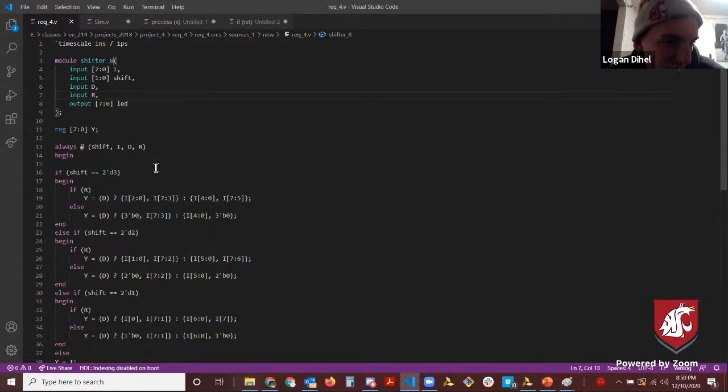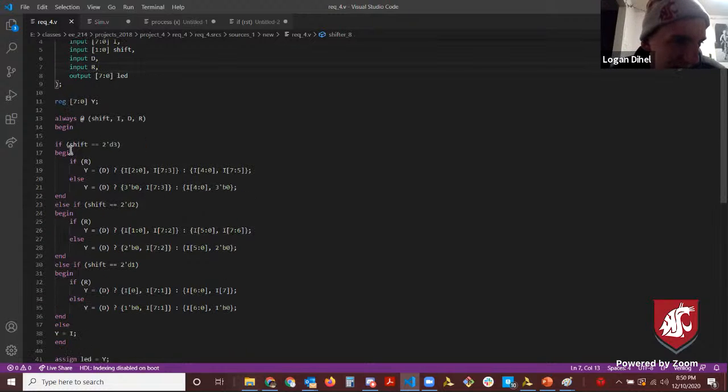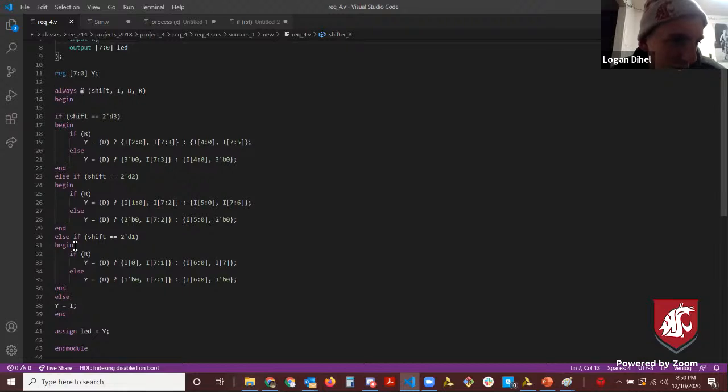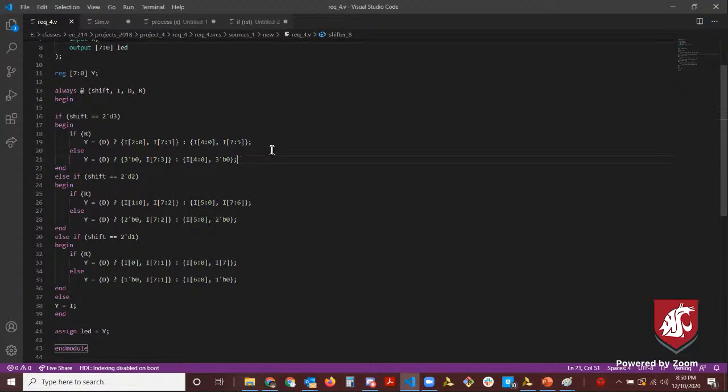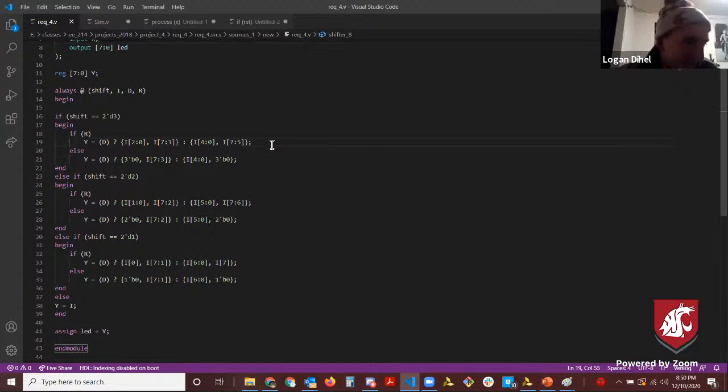And so this is what I did. Here's my always statement, and I just had a bunch of nested if statements. That looks a lot cleaner than what I did. Yeah, this is a little sneaky, this code right here. So this would be rotate left, I think.